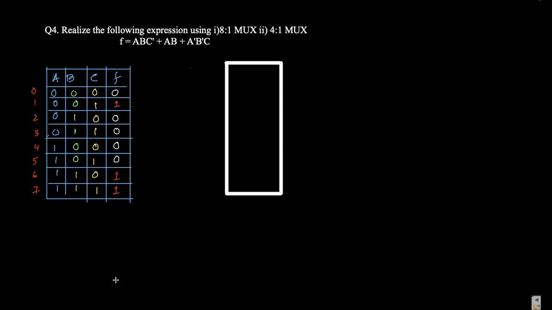So this is the 8:1 MUX. The inputs are 1, 2, 3, 4, 5, 6, 7 and 8, and 1 pin is obviously grounded, and select lines are A, B and C. Now this is nothing but the 0 position, 1, 2, 3, 4, 5, 6 and 7 position.